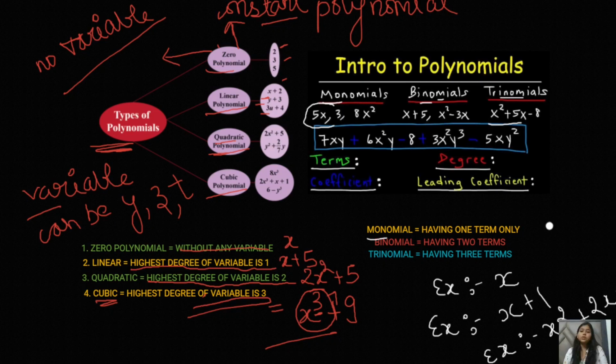So this is what we are trying to say, that this is a monomial term in which only one term is there. This is a binomial in which two terms are there, and this is a trinomial in which three terms are there. Okay, so let's just look forward to our next slide.